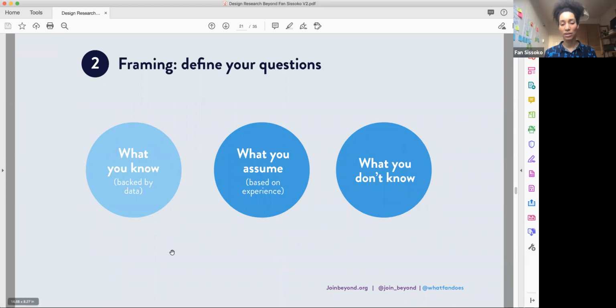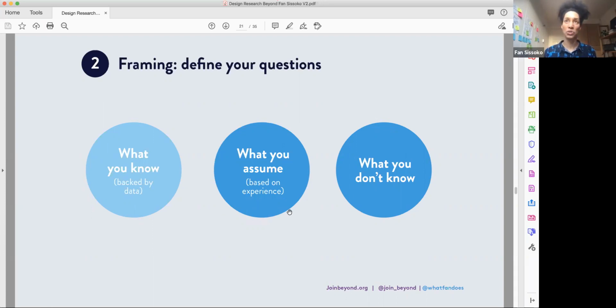And to me, and again, I've included a tool which you're going to receive after today. What I like to use is this tool, where I will generally sit down with my team and we'll map everything that we know, or at least that we think we know about a particular problem. And that should usually be backed by data. And then I will map everything that we assume as a team.